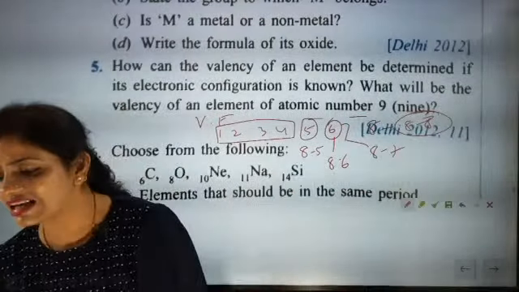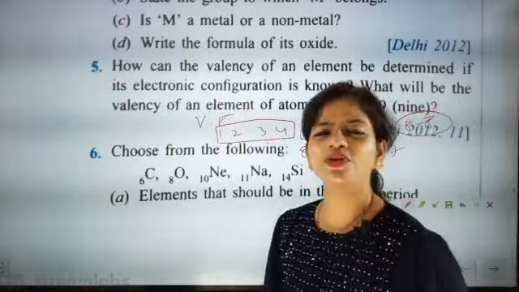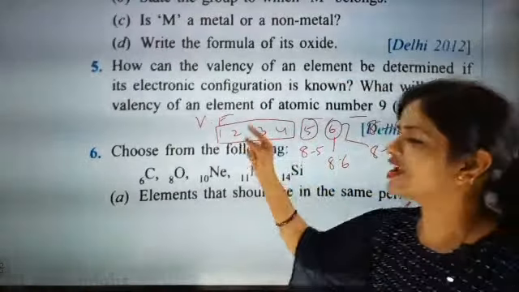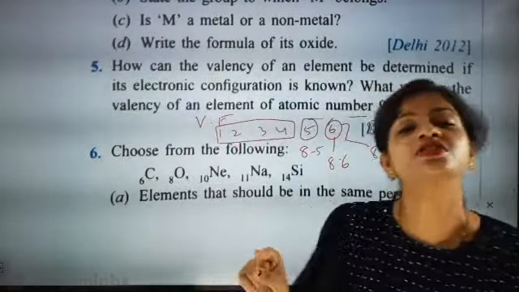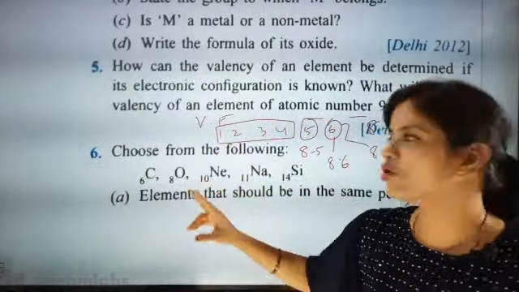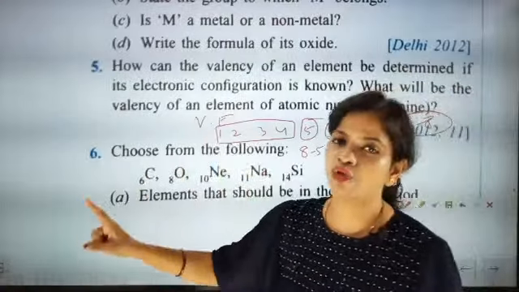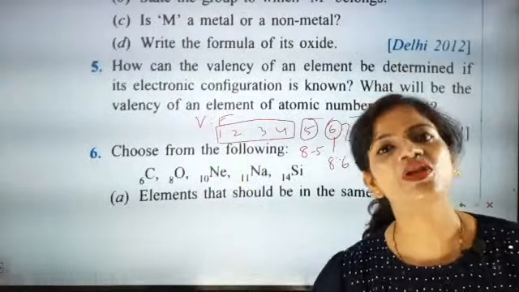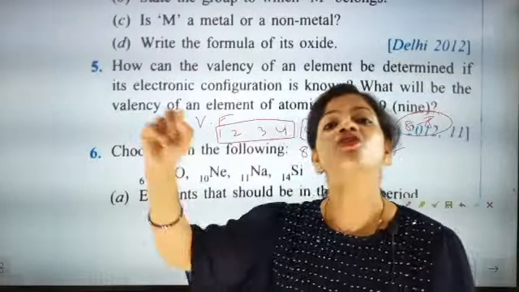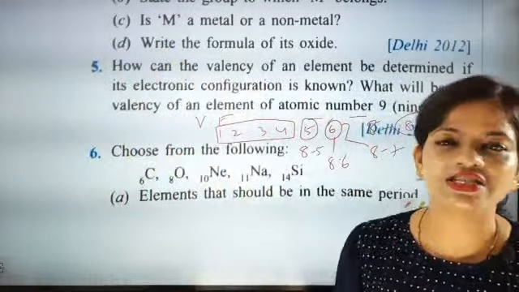This is the simplest rule. You don't have to write the full love story there. You just have to write the key points. The Lewis rule says that if the valence electrons in the outermost orbit are from 1 to 4, then the valency will be equal to the number of valence electrons.